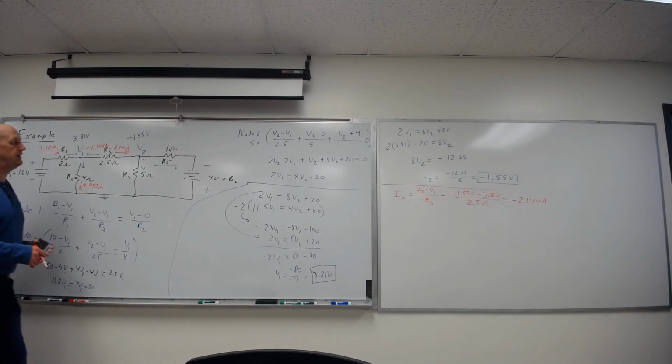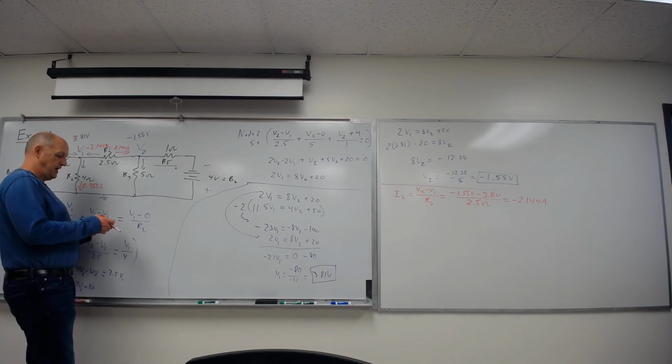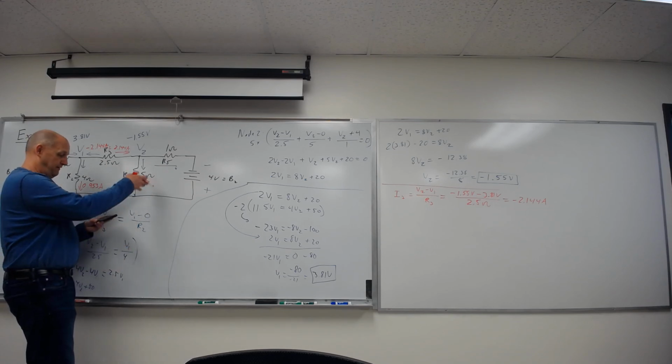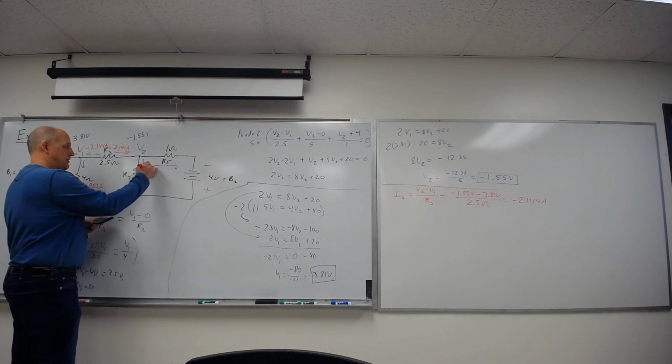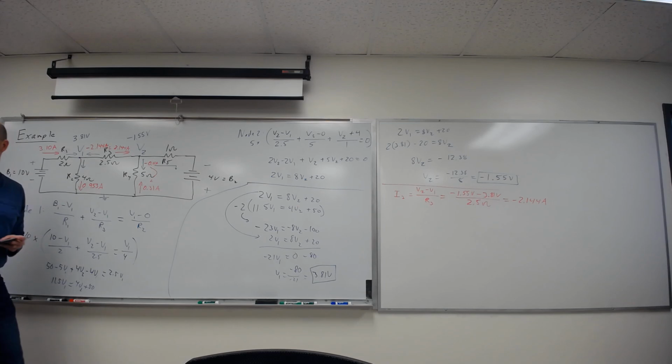Okay, my current here, I'm going to take minus 1.55, minus 0 on the other end, divided by 5. So I get a current of minus 0.31 amps, which really just means my current is flowing that direction. Which makes sense, right?